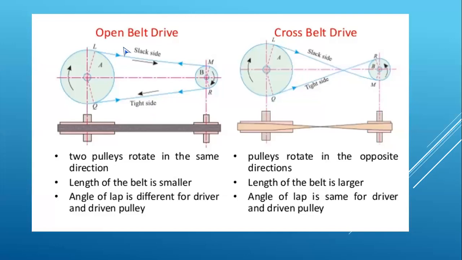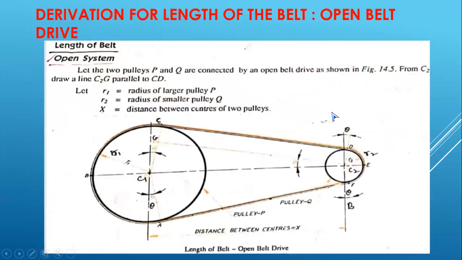In the open belt drive, both the pulleys rotate in the same direction. In the cross belt drive, the rotation of the pulleys is in the opposite direction.